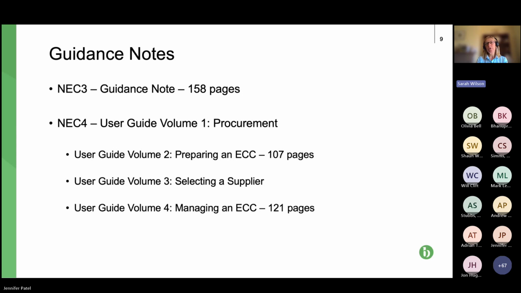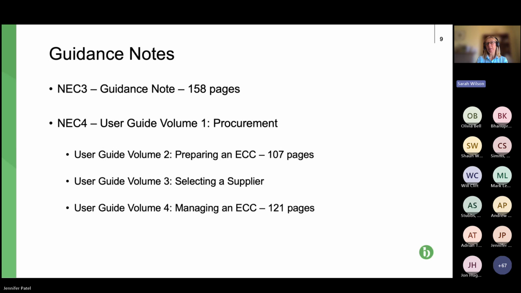NEC4, we now have the user guide in 4 volumes. So as you can see, the volumes take you through the life of the contract. 1 is procurement, 2, preparing the contract, 3, selecting a supplier, and 4, managing the contract. So Volume 4 is the volume that you want for interpreting the clauses.